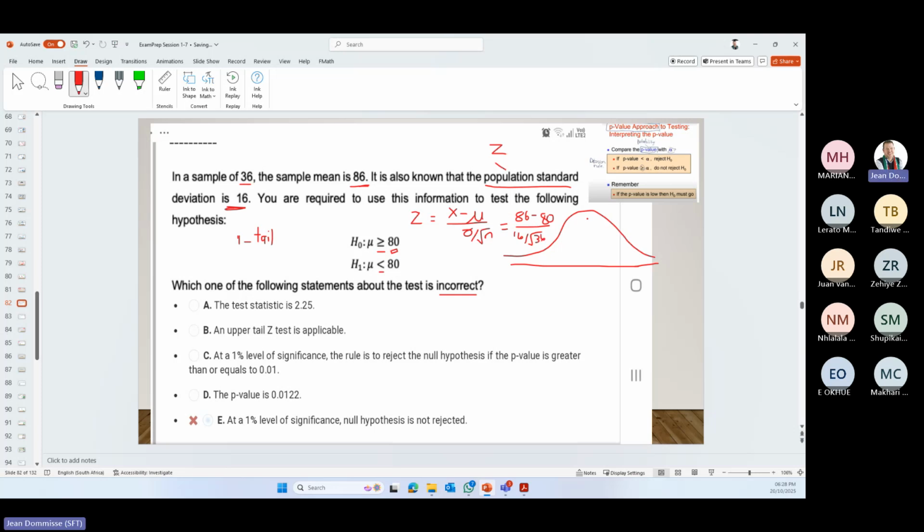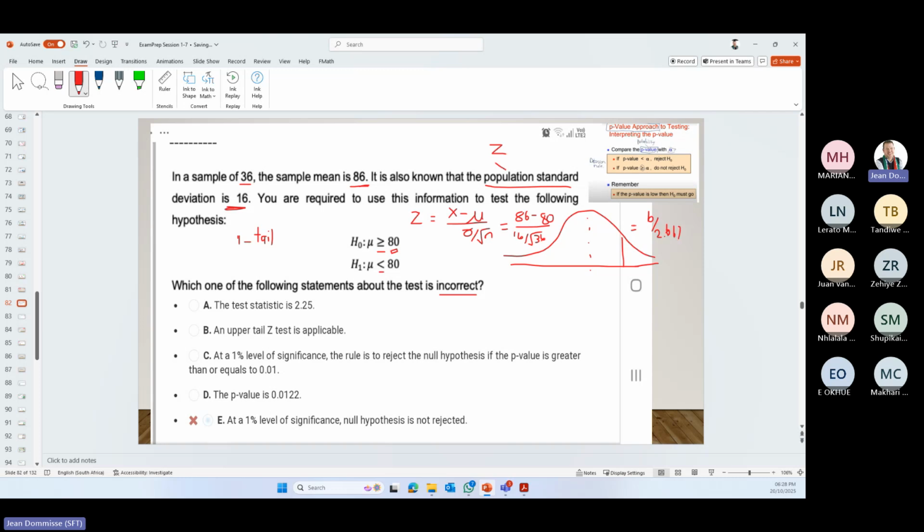So that is going to be positive. 86 minus 80 gives us 6 at the top. Below, 16 divided by the square root of 36, which is 6, gives 2,667.